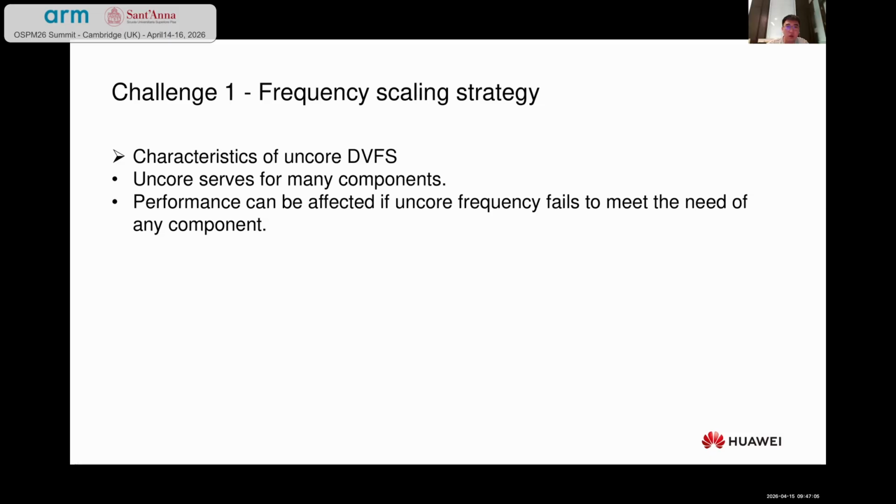There are different NUMA nodes, so any data passing through this uncore domain will be affected by its uncore frequency. So doing this uncore DVFS is very dangerous, because we may easily reduce the performance of the CPU or some I/O controllers if the target frequency fails to meet the need of any of them.